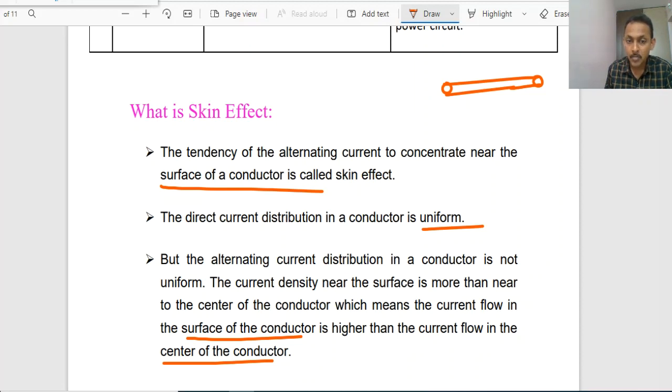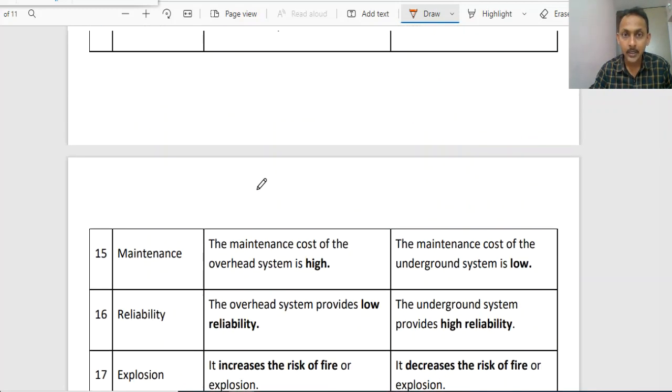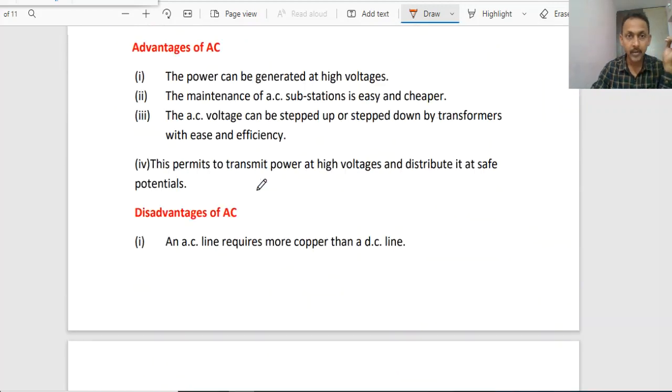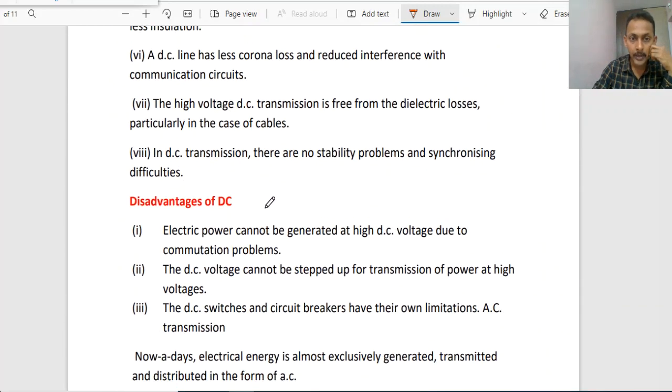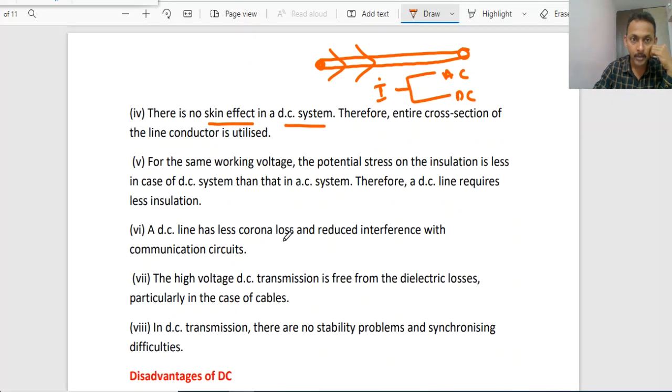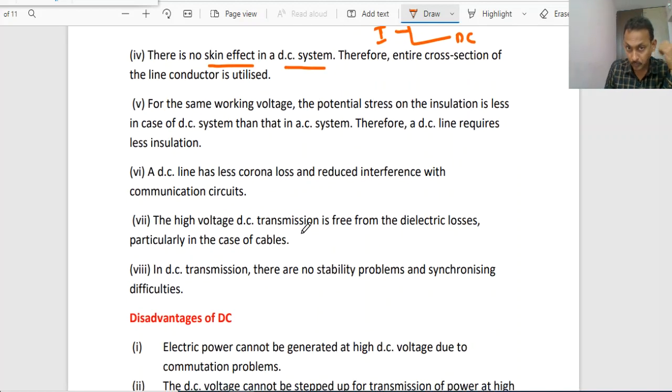Its tendency will be more over the surface of the conductor than at the center of the conductor. This is called the skin effect. In a DC system, the skin effect will be less, or there won't be any skin effect. That can also be observed. And the corona loss in a DC system will be less.